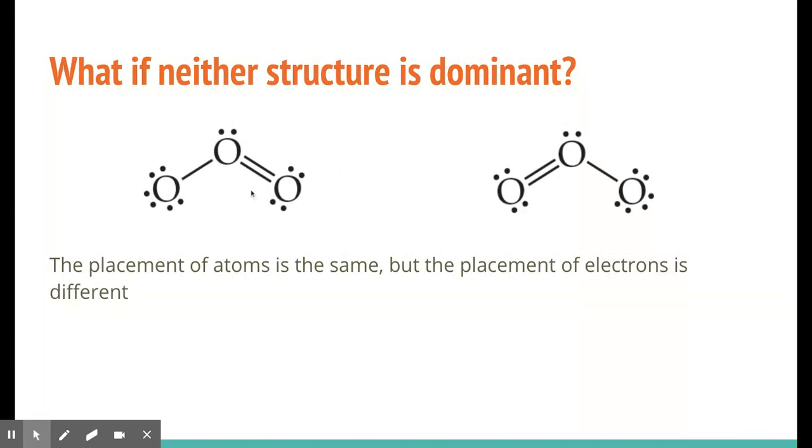So that double bond is in a different spot, but the atoms are in the same location. So neither one of these is dominant, and it's called a resonance structure. If you have multiple and none of them are dominant, they are called resonance structures.